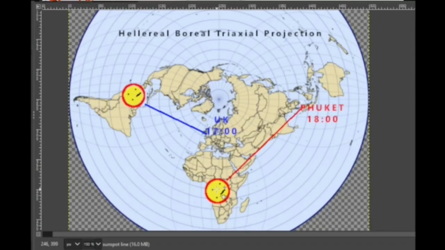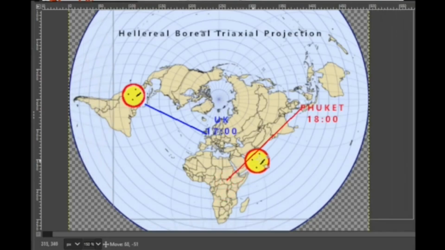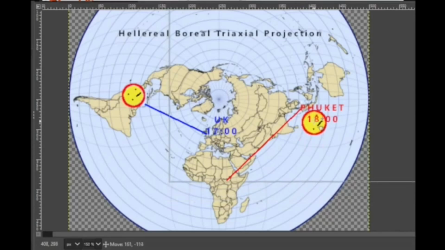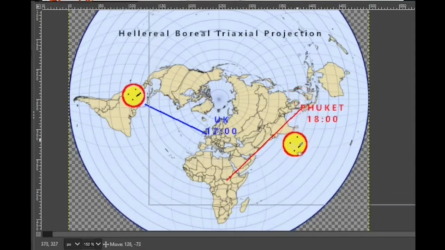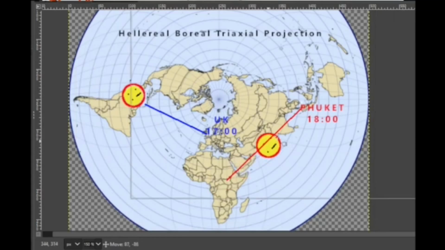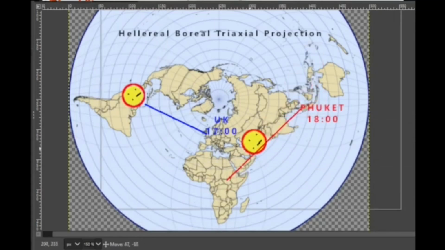Okay, so when viewed from Phuket, the sun doesn't appear to rotate. Obviously it's going to come round on this particular projection like this, okay, but I don't see any apparent rotation of any sunspots when they're on the sun. I just see this flip, okay, as it goes overhead.